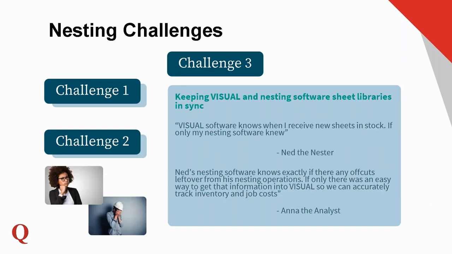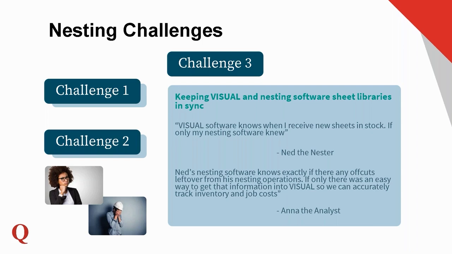And the last one is how do I keep my inventory in sync between my nesting software and my Visual inventory? We know that Visual is tracking when I receive new plates of material in my inventory, and then Ned's nesting software knows exactly how many offcuts there are and what plates we've consumed for those different work orders.